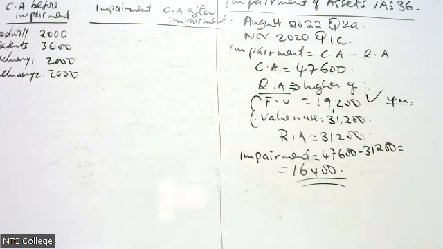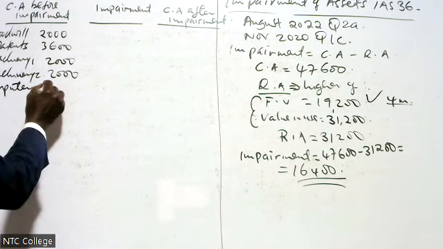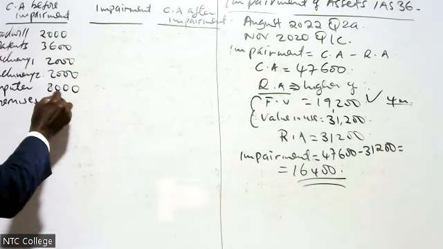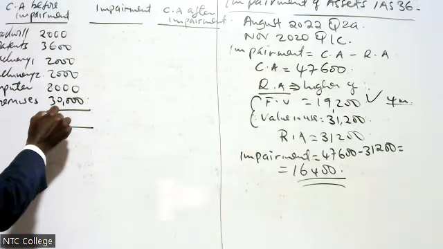Then we have computer, which is 8,000. Then we also have premises, which is 30,000, so that it gives us 47,600.